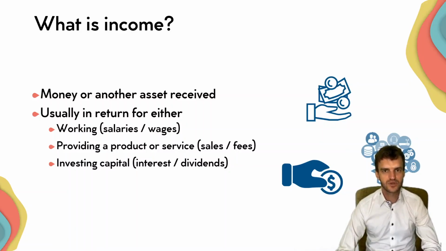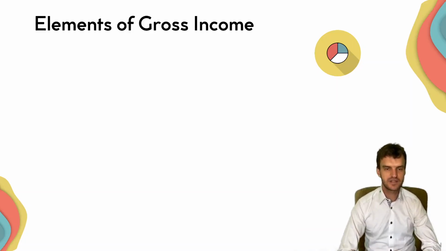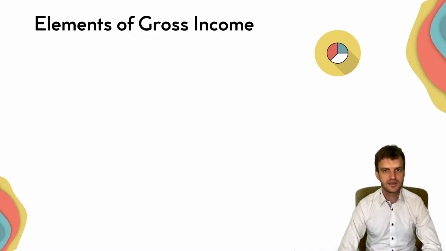So that's broadly what income is, and gross income roughly fits with that concept, but gross income is specifically defined in the Income Tax Act, and the definition is actually a few pages long, but we are just going to look at the broad general definition and specifically the definition that affects residents.